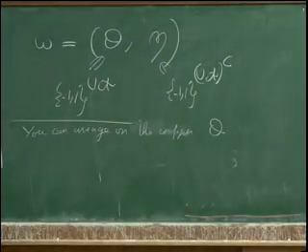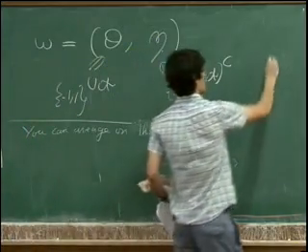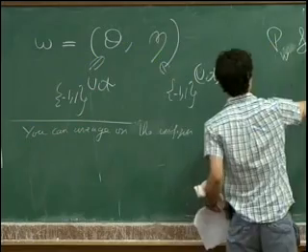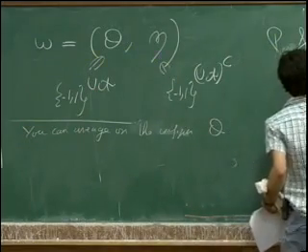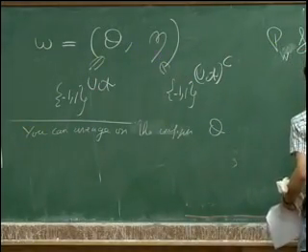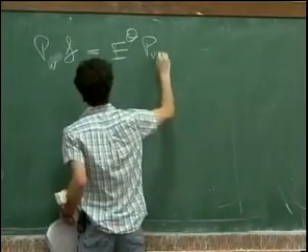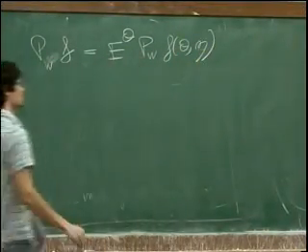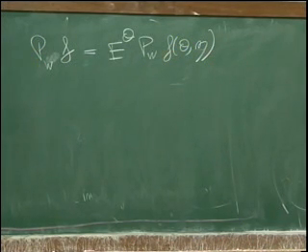So in other words, the projection of F on W is the same as averaging this function. Since it doesn't depend on theta, I can just average on it.